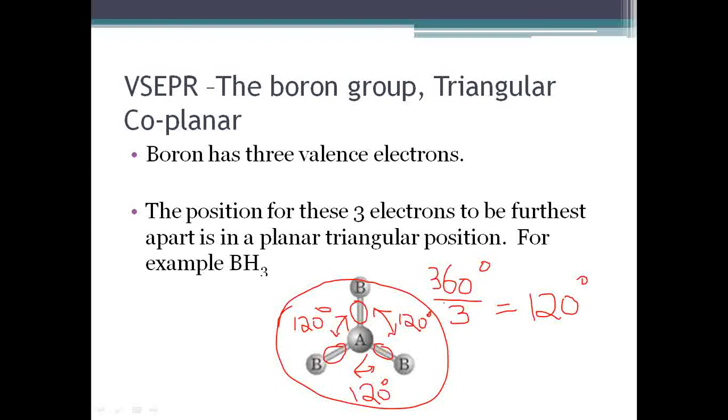So we use a term like planar because it is on a plane, and you can see it's triangular, right? So some people call it triagonal coplanar, and some people call it trigonal coplanar, but it's the same thing and it makes perfect sense.